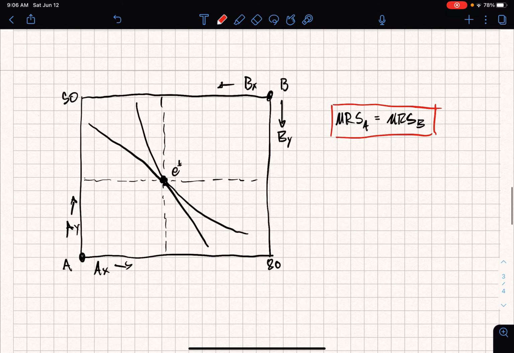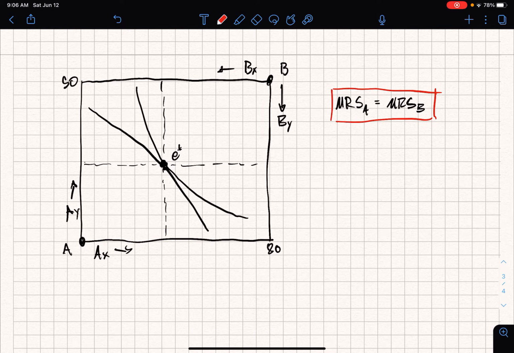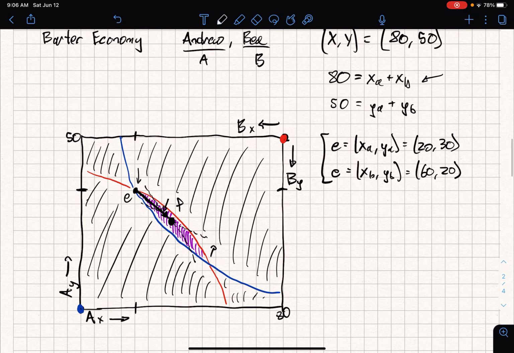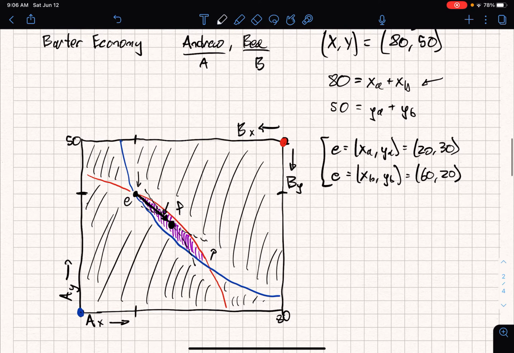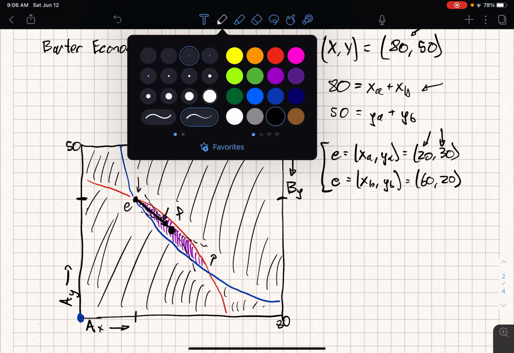So this is nice. But we also know that changing the original endowment shouldn't affect our result here, our marginal rate of substitution between the two. If we had adjusted our original endowment, we had given more to Andrew in both of these, we would have ended up with a higher indifference curve for Andrew.